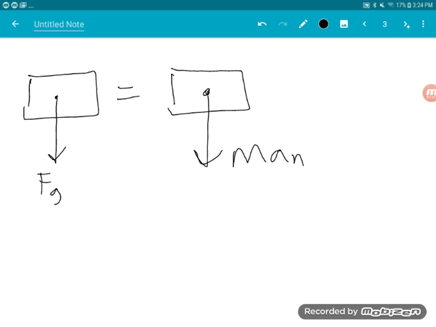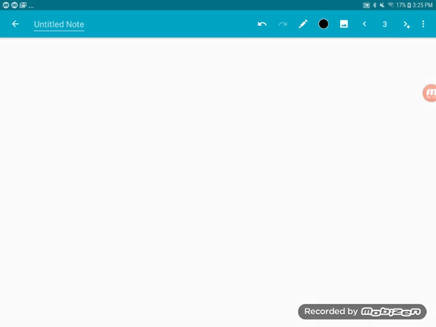So for a circular orbit, the sum of the forces is equal to the mass times the normal acceleration. So, what do we know about the force of gravity?